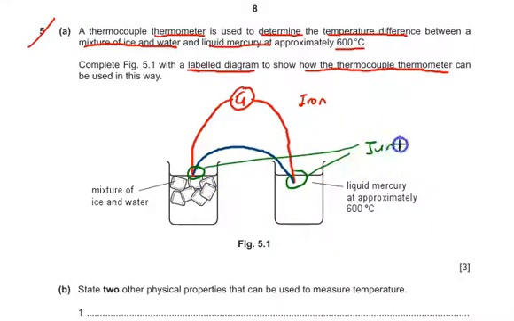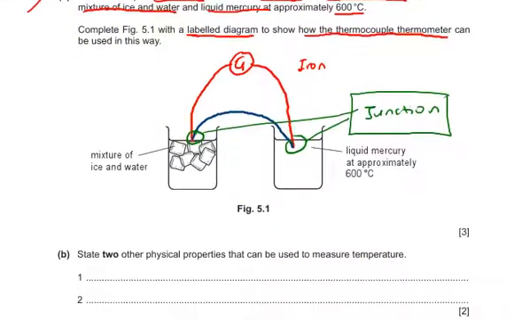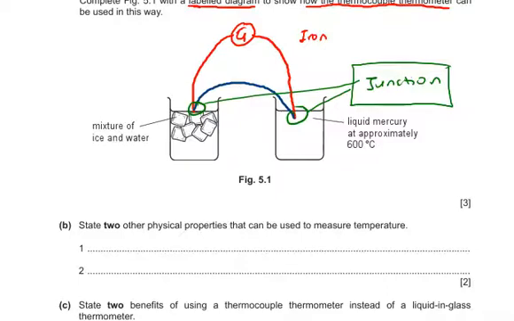These two junctions you have to place at two different temperatures. That's how the thermocouple thermometer works. Okay, now state two other physical properties that can be used to measure temperature.